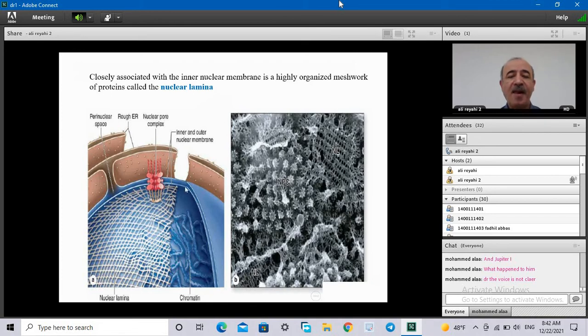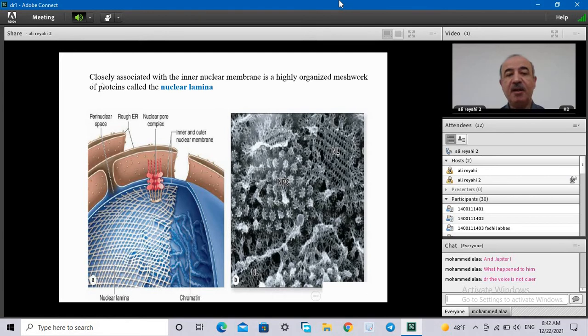Okay, and look at here. The inner surface is nuclear lamina. The lamin protein of the nuclear lamina is another type of the intermediate filament of the cytoskeleton, if you remember.